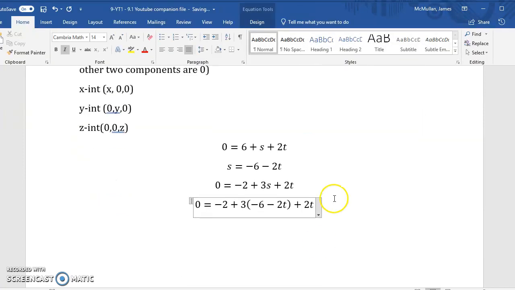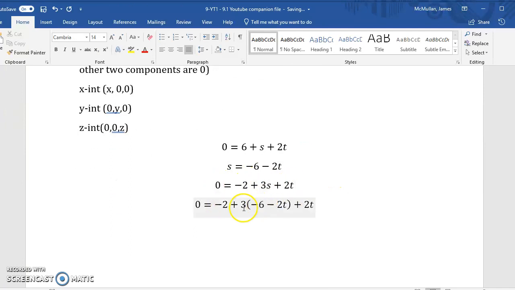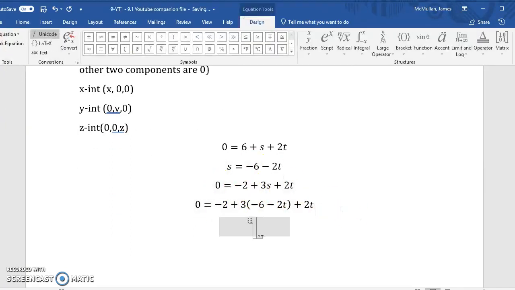So I'm just writing out this equation again, except I'm replacing s with what I know it to be equal to. And then I see 0 is equal to negative 2, minus 18, minus 6t plus 2t. And this tells me that I got negative 20, so 20 equals negative 4t, and therefore t is equal to negative 5.